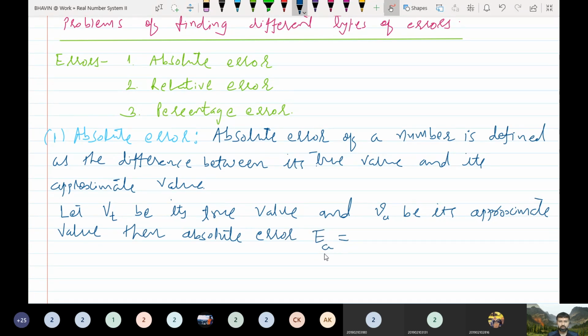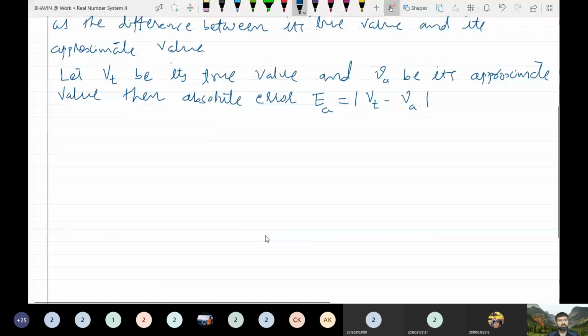EA is equal to, A means absolute and E means error, the difference between its true value and its approximate value. Okay, so Vt minus Va. V means value, E means error, A stands for absolute, here T stands for true value, A means approximate value. So this is the notation which is very convenient here. You can see absolute error is nothing but Vt minus Va.